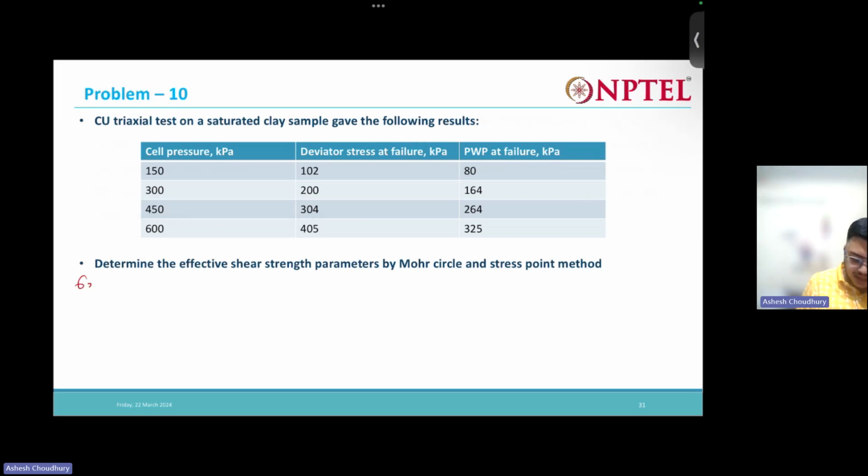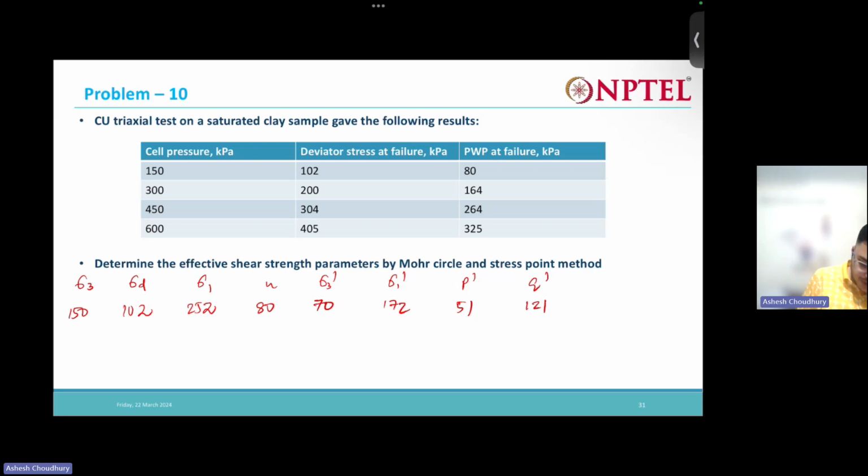So sigma 3 I know, sigma d I know, sigma 1 I can get, u I know, sigma 3 dash I can get, sigma 1 dash I can get. So also I can get p prime. So 150, 102, 150 plus 102, 252, 80, 150 minus 80, 70, 252 minus 80, 172. p prime, sigma 1 prime plus sigma 3 prime by 2, 51, q, sigma 1 prime minus sigma 3 prime by 2, 21.